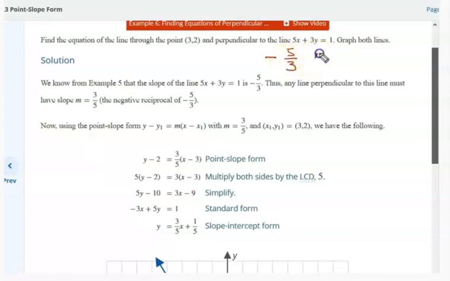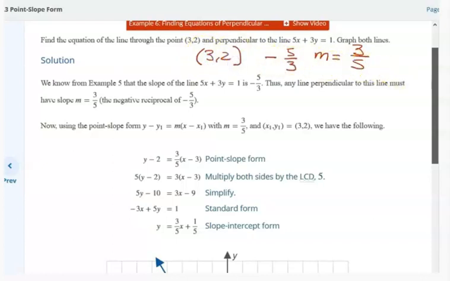Well, we said that one would be the opposite sign reciprocal, which is going to be a positive 3/5, because if you multiplied these together, they would give you a negative 1. Now we're still going to use our same point, 3, 2.